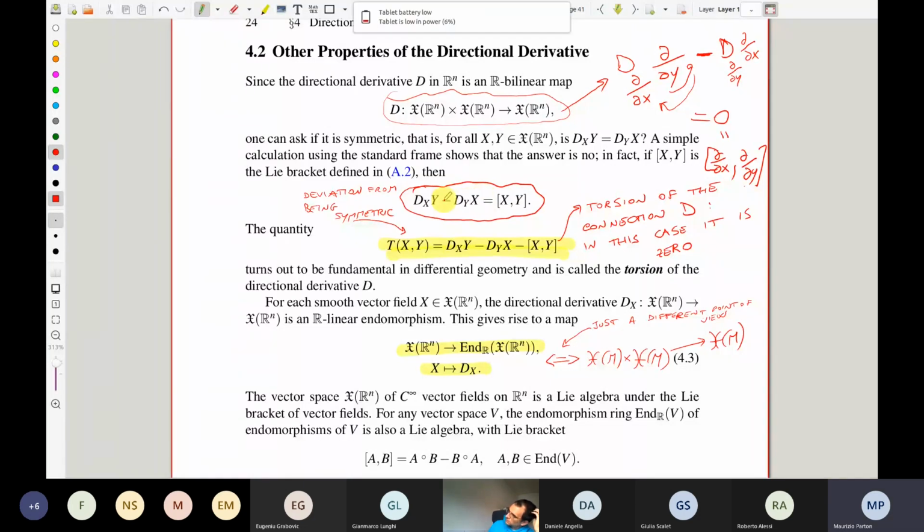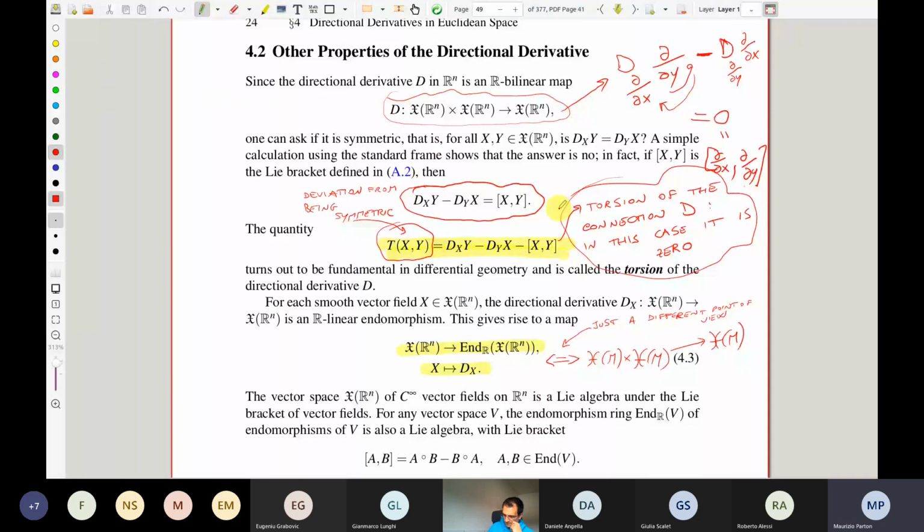Okay? And so it makes sense to say, when we have a connection in general, let's consider this quantity, which in this case, I repeat, is zero. But in general, let's call this quantity the torsion of the connection.